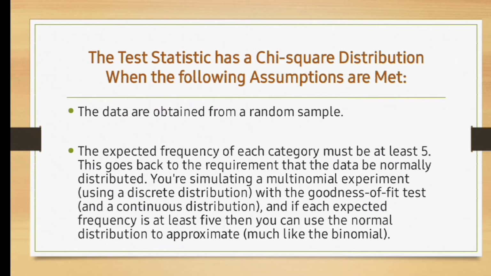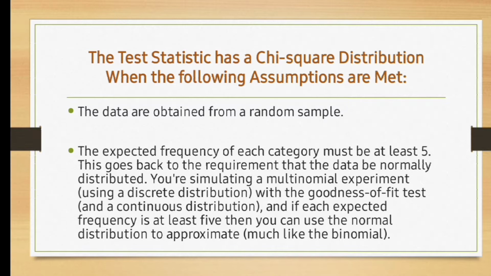The test statistic has a chi-square distribution when the following assumptions are met. The first one, the data are obtained from a random sample. The next one, the expected frequency of each category must be at least 5. This goes back to the requirement that the data be normally distributed.